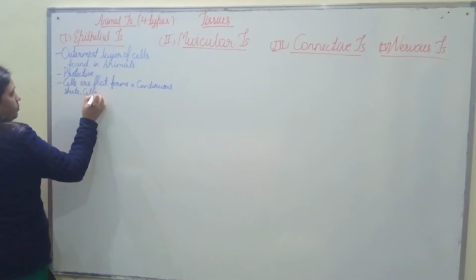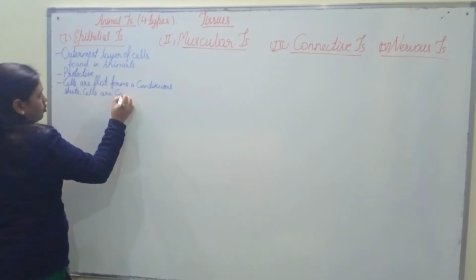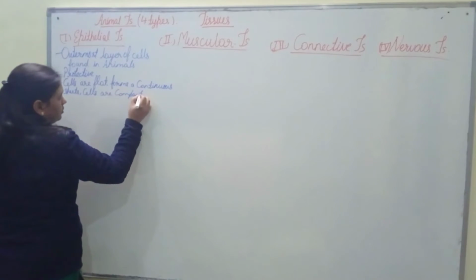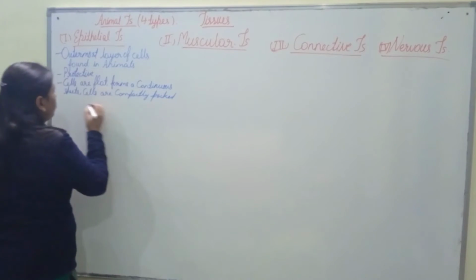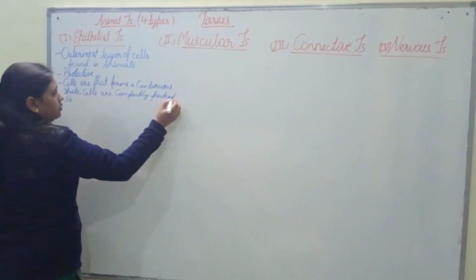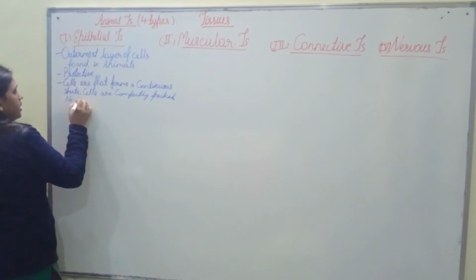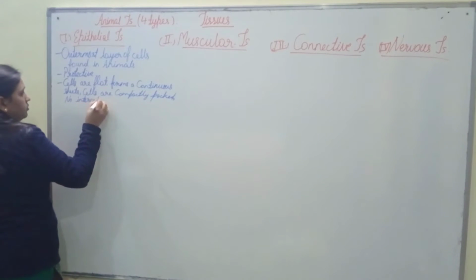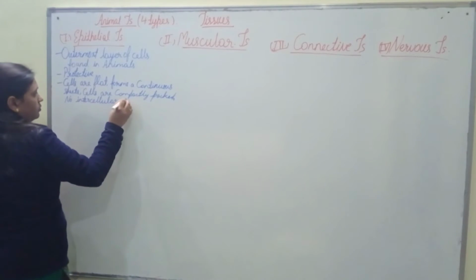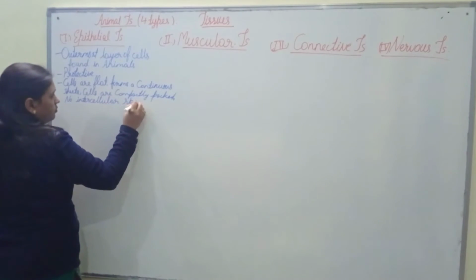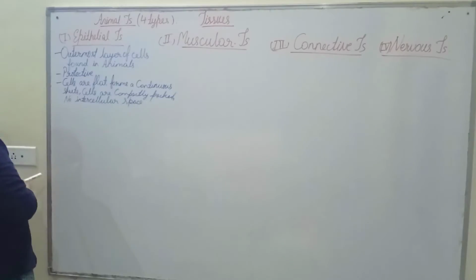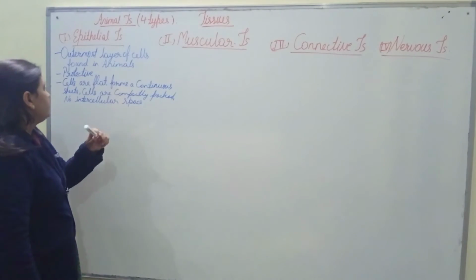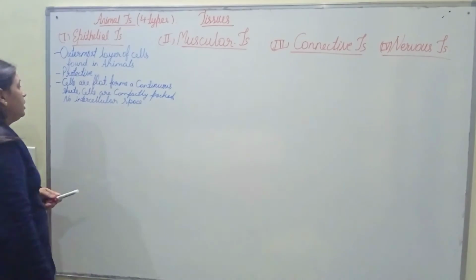Cells are compactly packed. That means no intercellular space. We know the space between two cells is called intercellular space. So there will be no intercellular space as the cells are compactly packed.